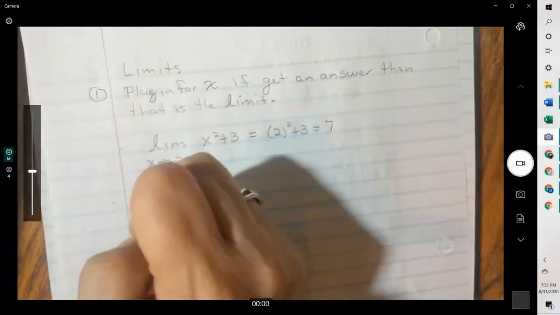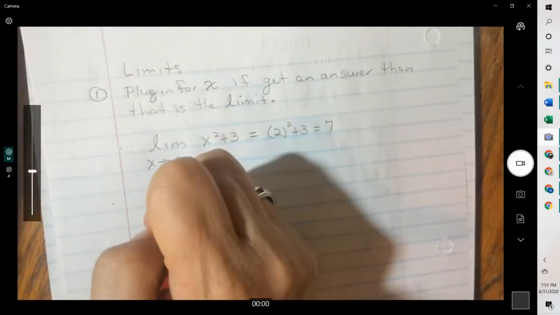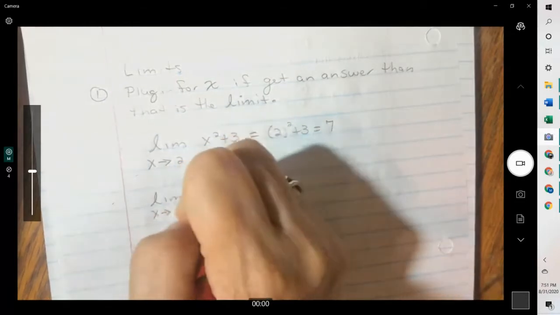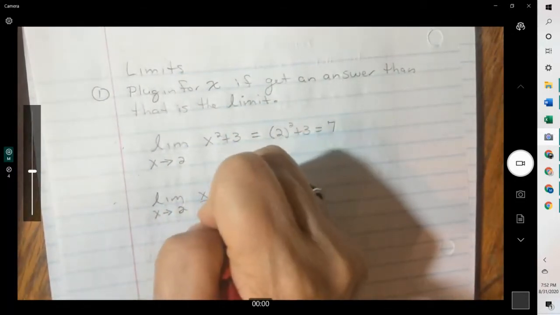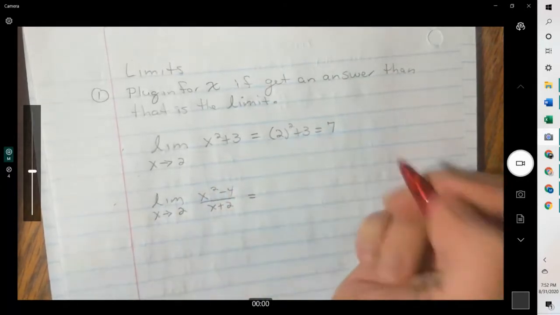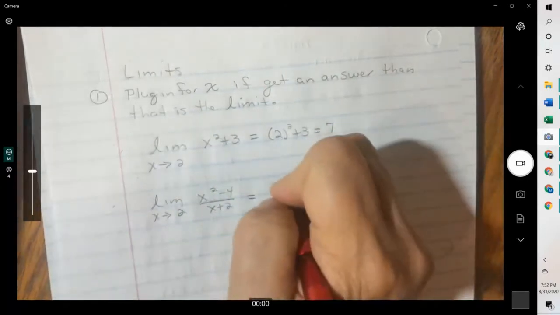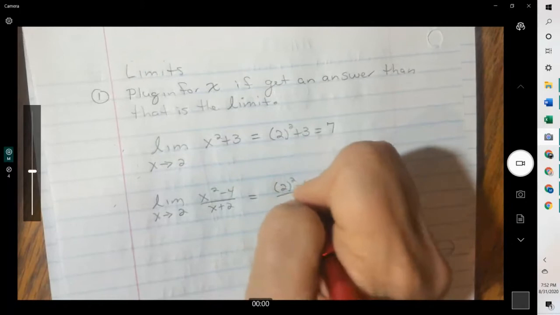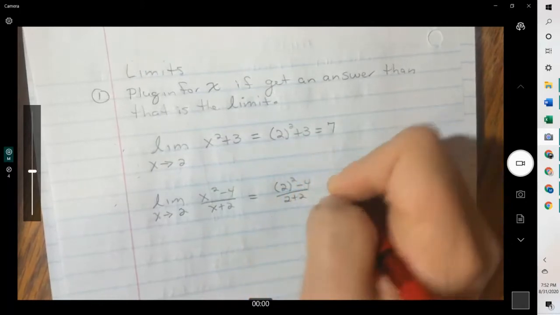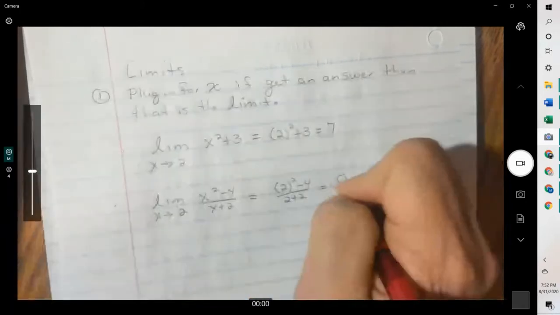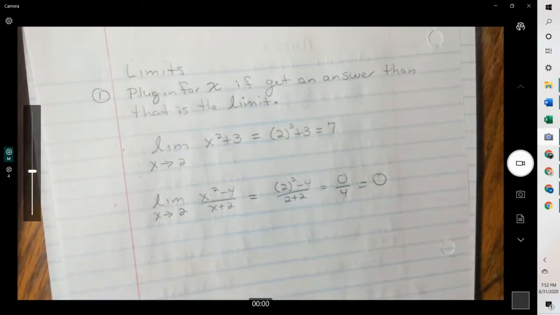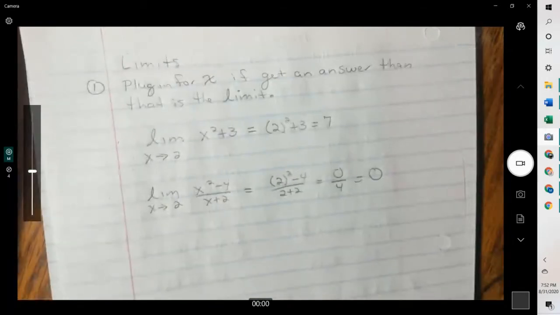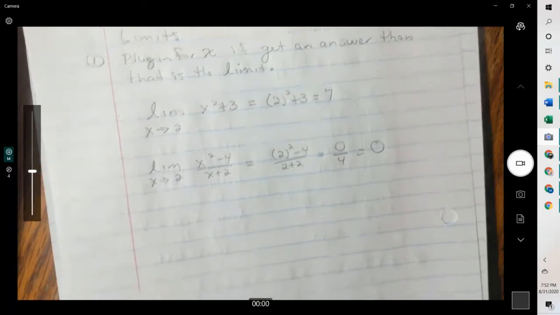Limit as x approaches 2, x squared minus 4 over x plus 2. If we plug that in, 2 squared minus 4 over 2 plus 2 is 0 over 4, which is fine. We just can't have 0 in the denominator. So when you plug it in, if you get a value, you're done.